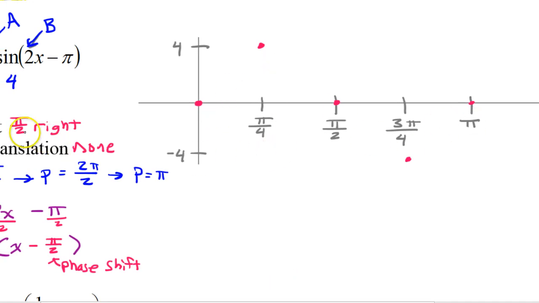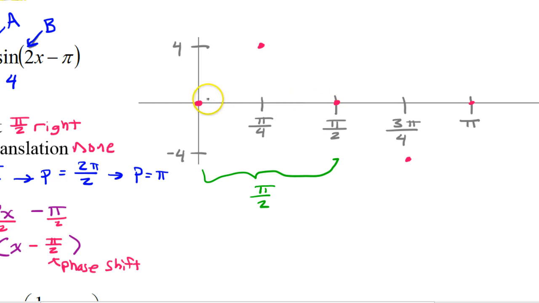Now, I need to move each of these points to the right pi over 2. Now, look here. I'm noticing that pi over 2 is one of my x values. So that means that this distance right here is a distance of pi over 2. So that tells me how far I need to move this.